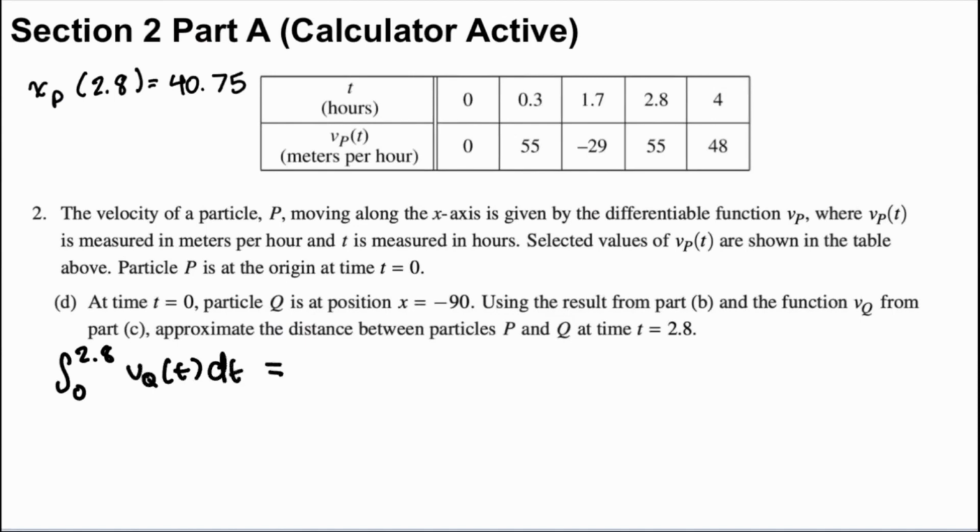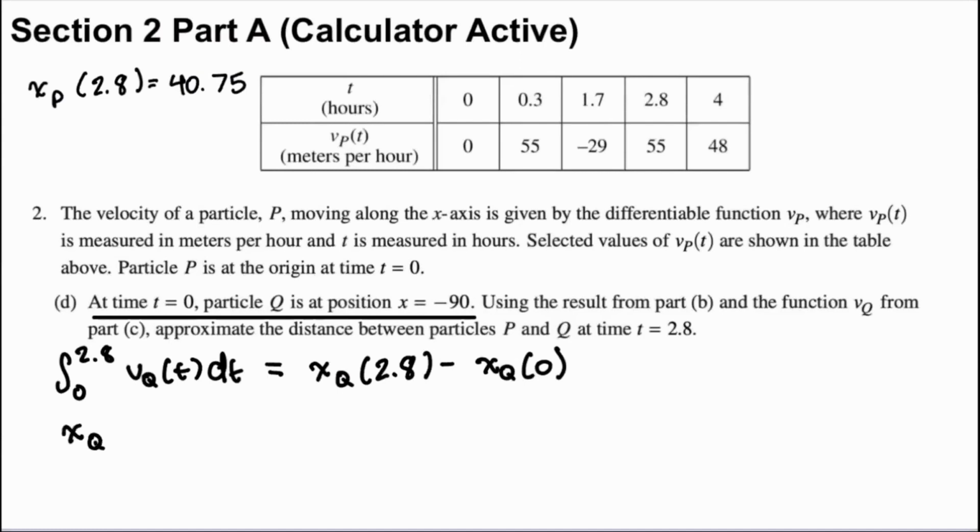And we're going to use a bit of fundamental theorem of calculus. We're going to say that this is equal to the antiderivative of v of q, which is x, its position, at 2.8, minus x of q at position 0. And that's why we're told that at time t equals 0, its position is at negative 90. So I kind of just want to rearrange this. We're going to get x of q at 2.8 is equal to x of q at 0 plus this integral right here.